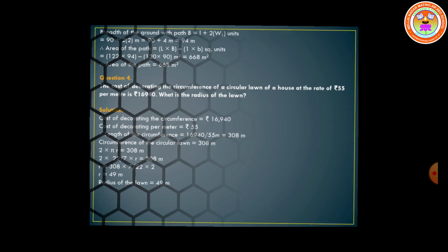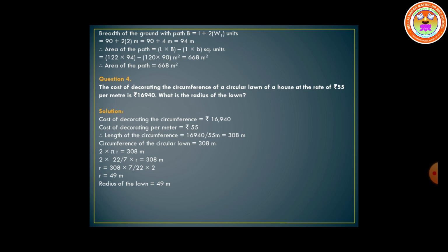Next, breadth of the ground with the path, capital B, is equal to small b plus 2 W1 units. 90 plus 2 into 2 meter is equal to 90 plus 4, equal to 94 meter. Area of the path is equal to L into B minus l into b square units, which is 122 into 94 minus 120 into 90.